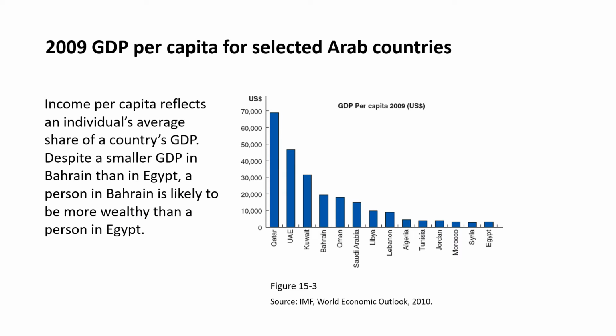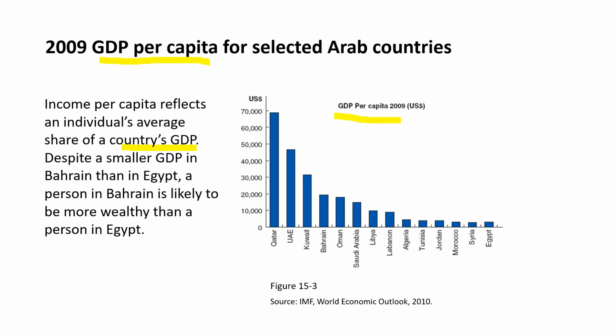Okay, in this graph, we have GDP per capita. Again, on the x-axis, we have different countries, and on the y-axis, we have GDP per capita. So, income per capita reflects an individual's average share of a country's GDP.